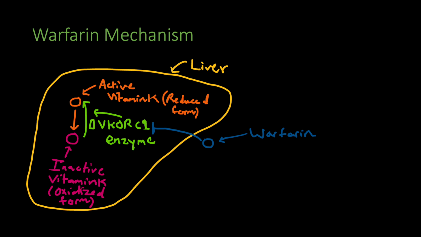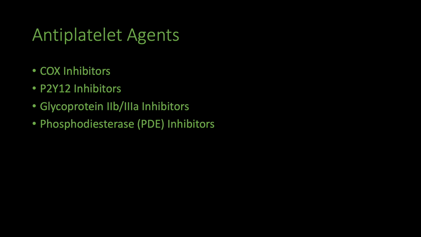And warfarin blocks that recycling, so there will be less of the active form of vitamin K produced to synthesize these clotting factors for doing their work in the blood. And also the anticoagulant proteins C and S, that's what warfarin affects as well. So it kind of blocks those areas.